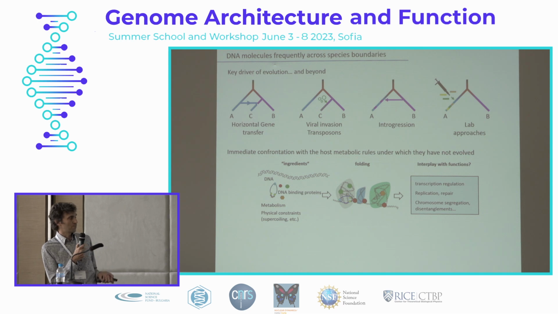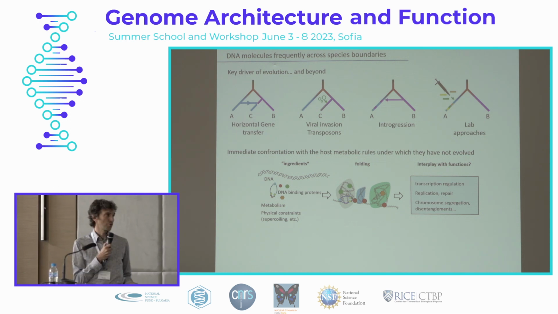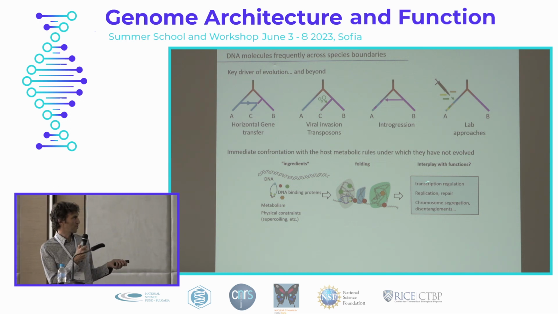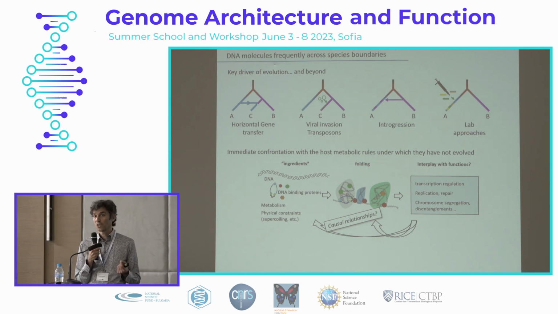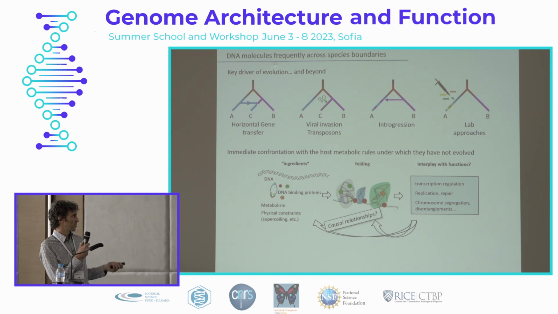And the big question is, of course, does this interplay with functions, such as transcription regulation, repair, etc.? We will hear a lot about that in the next 3 days. The main point is how to decipher these causal relationships between ingredients, folding, and functions.